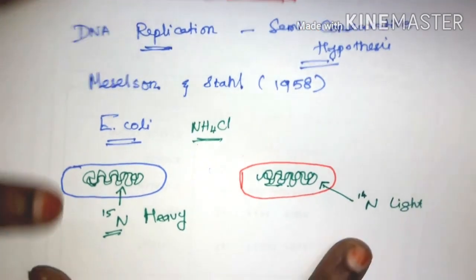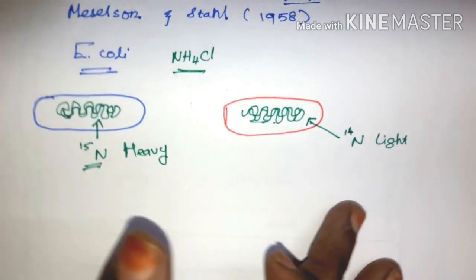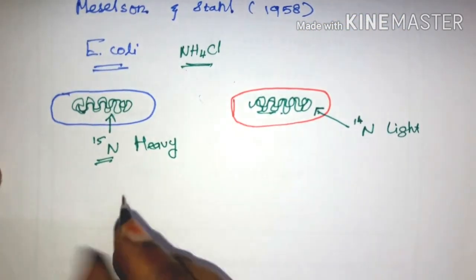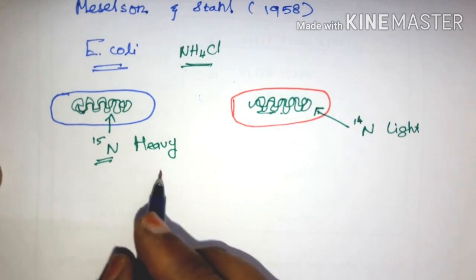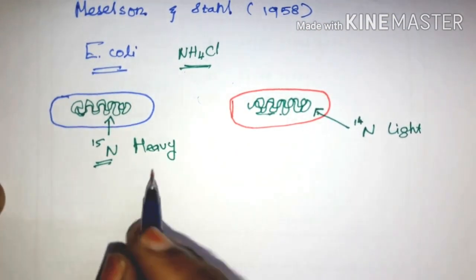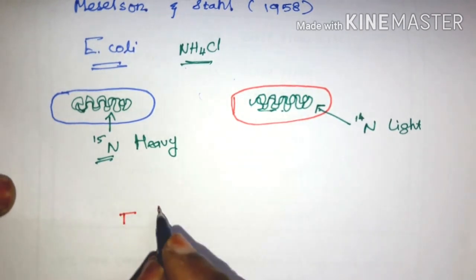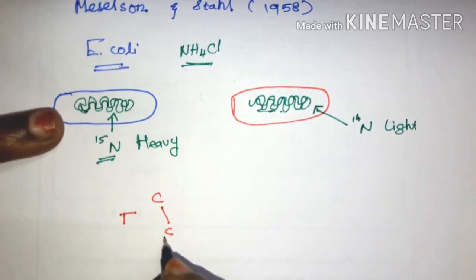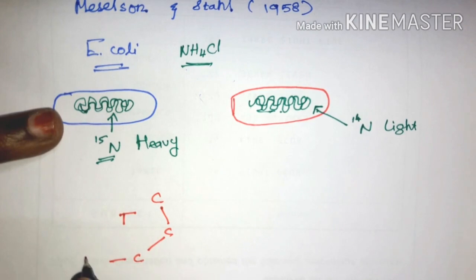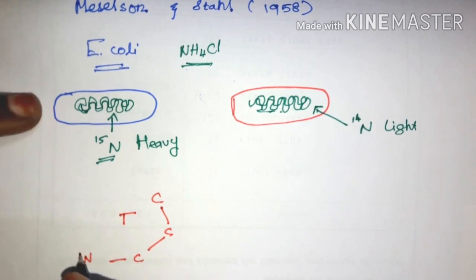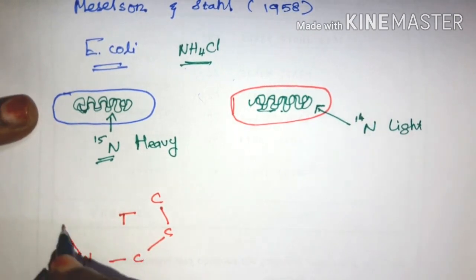The chemical formula is NH4Cl. This is the position of nitrogen.